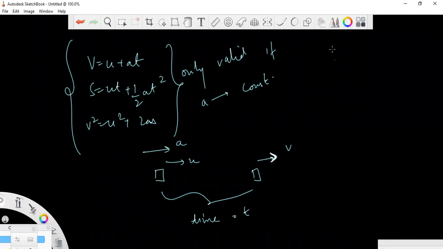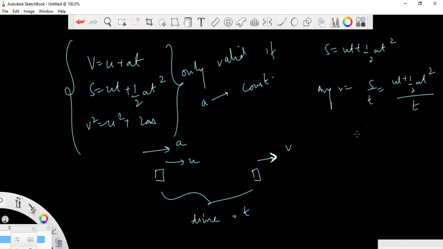How? Because if you write your total displacement, that will be ut plus half at square, right? And the time taken will be t. So the average velocity should be s by t, which is ut plus half at square divided by t. This will be cancelled. This will become u plus at by 2. If you take 2 common, this will be 2u plus at by 2.